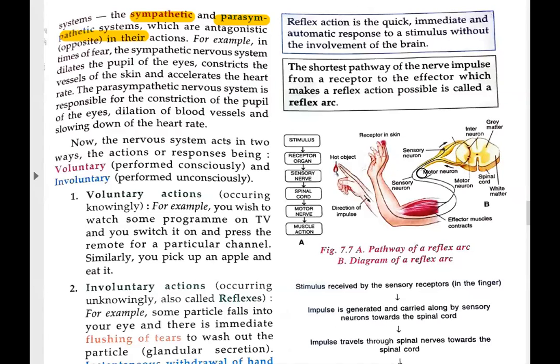So that motor neuron will take the message to the muscles of the hand to contract, and you will just remove the hand. So this particular movement of information is called a reflex arc. It's an arc which is just due to a reflex action.